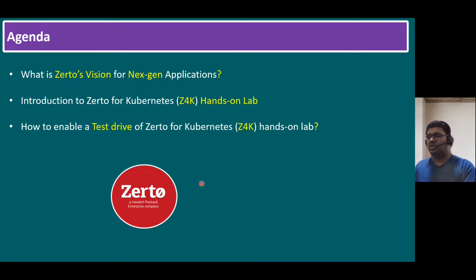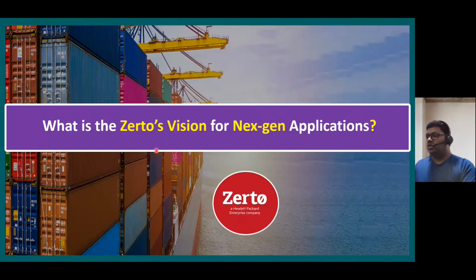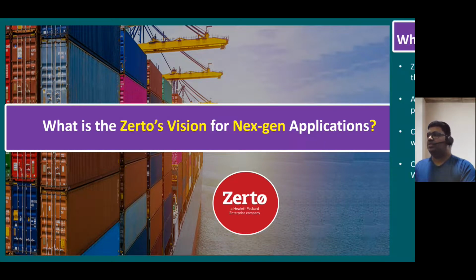As we know, Zerto is an HPE company, and in this lab we are focusing on the Azure Kubernetes Service, AKS. What is Zerto's vision for next generation applications? Next generation applications means all the containerized applications.